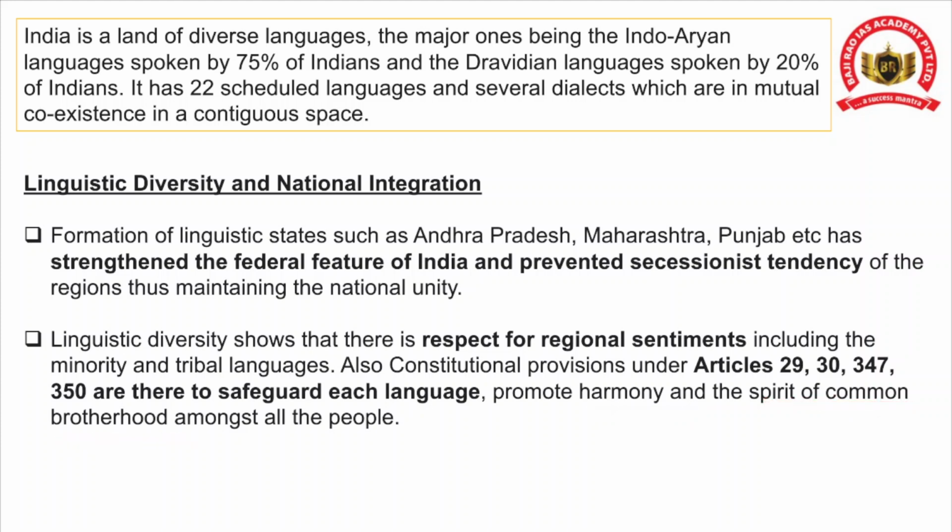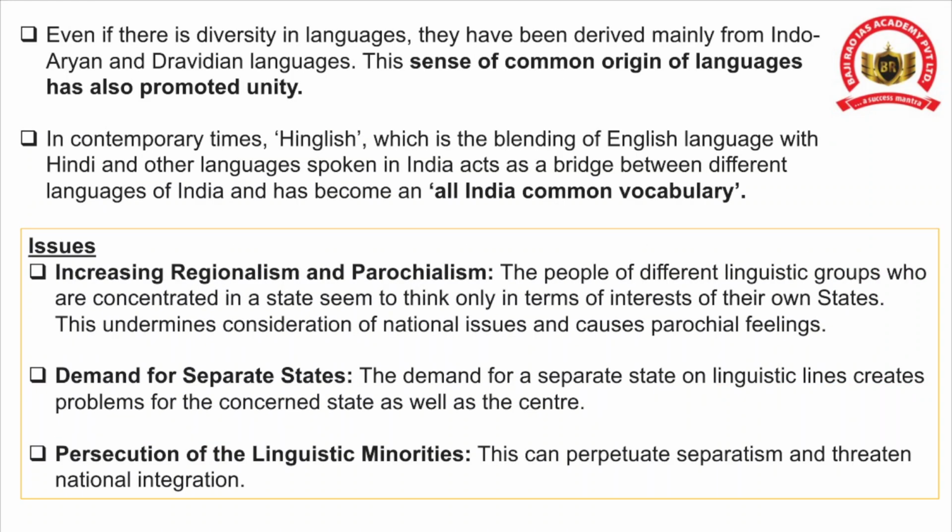Now, even if there's a huge or rich diversity of languages, they are primarily derived from the Indo-Aryan languages or Dravidian languages. So yes, no doubt about that.